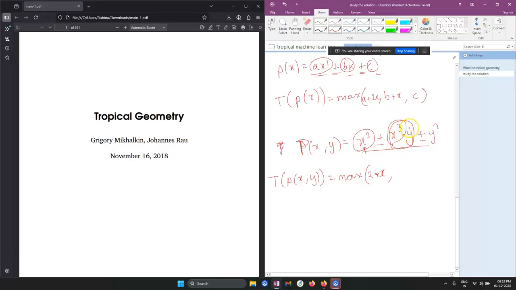So whatever this becomes and whatever this becomes, we simply consider the sum of the two, since we're converting our multiplication into addition. So we have something over here, and then we add y, since y is simply just itself. Now we have to worry about this other side. As we remember, exponentiation becomes multiplication, so we have 3x on this side. And now we consider the last term, which is y square. Again, exponentiation becomes multiplication, so we get 2y over here.